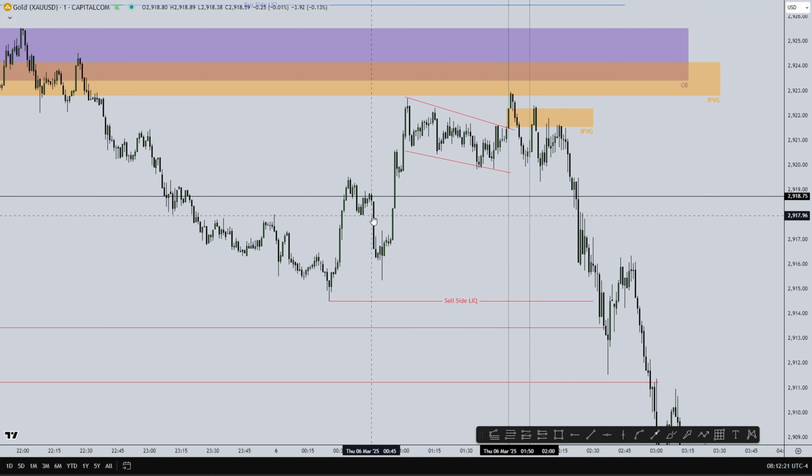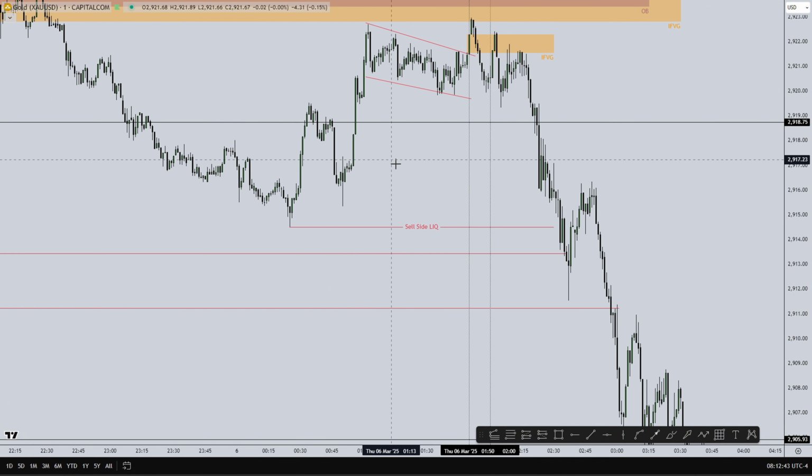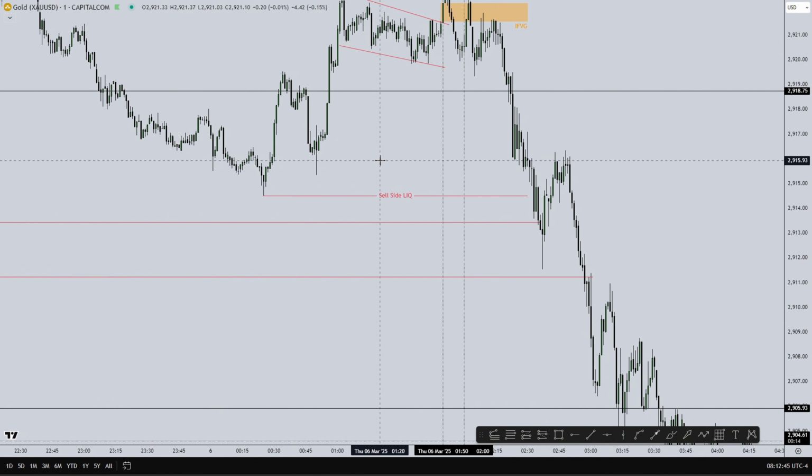But here you see the market did a falling wedge, and a lot of traders think that it is a continuation. But when you see the sell side is so clear like that, you will notice that the price will go against the falling wedge and go to the sell side and take the sell side liquidity.